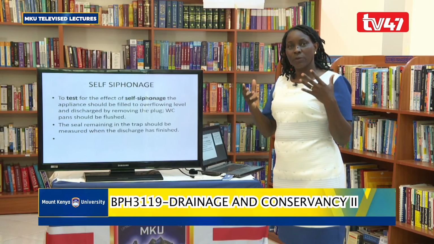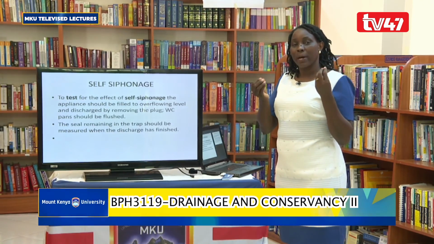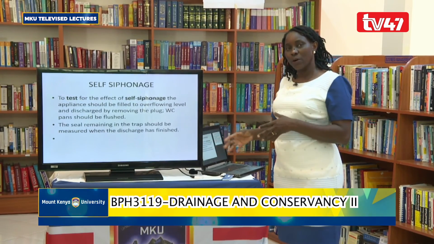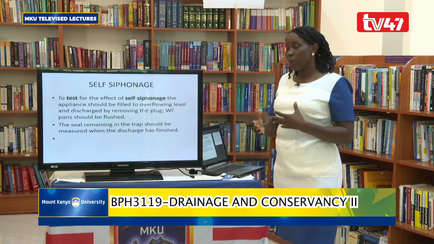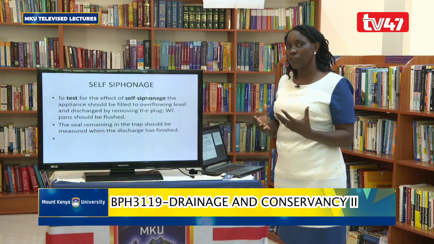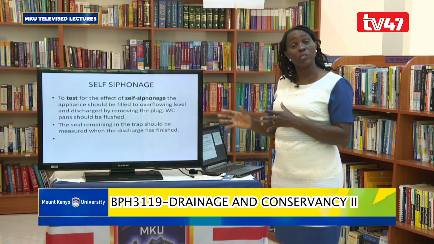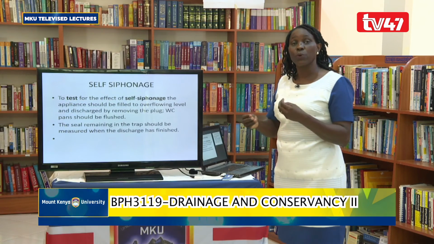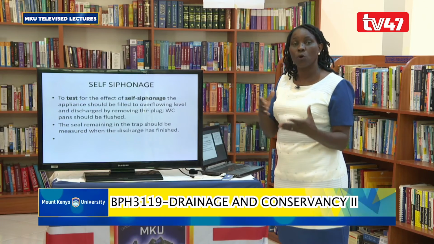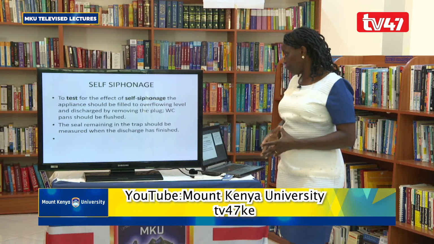The atmospheric pressure will want to pull upwards, but the gravity will tend to pull downwards. So when the drainage is not properly constructed, you are likely to have self-siphonage, whereby you have water flowing in the opposite direction. And that's when you can easily have backflow, or wastewater getting back into the building unnecessarily.